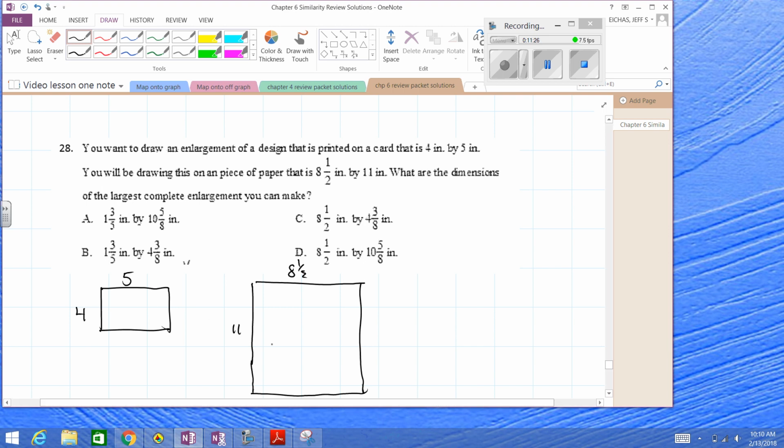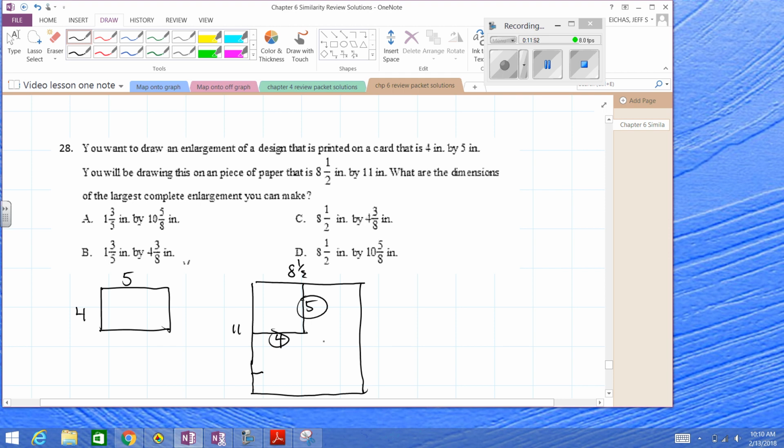We could swing this over to 5 and 4 here, right? Okay, so basically which one? Complete enlargement. So what can we multiply this by so that we still fit on the page?